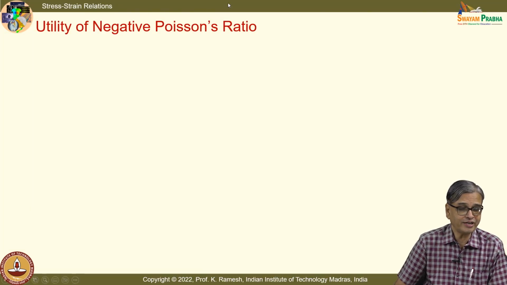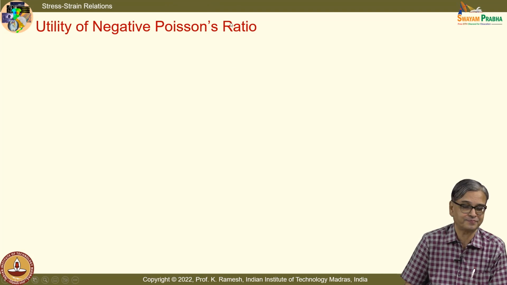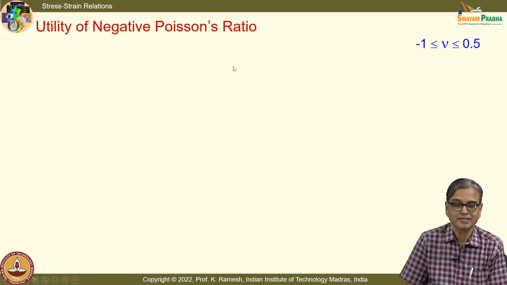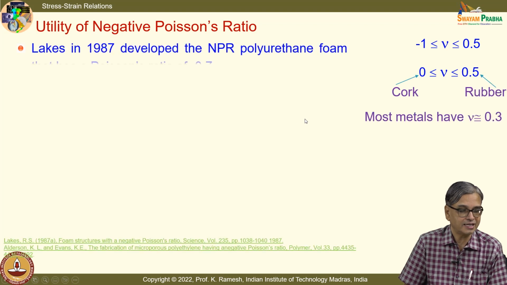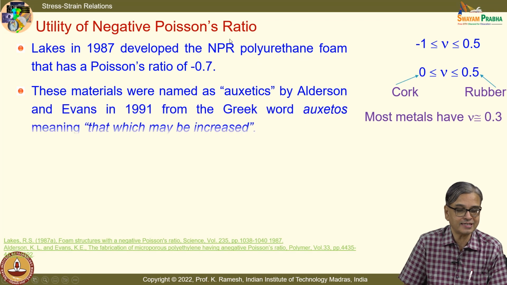And what is the utility of negative Poisson ratio? I said you also have the range down to minus 1. People have developed exotic materials, for example polyurethane, which has a negative Poisson ratio, put as NPR. It was developed with a Poisson ratio of minus 0.7.